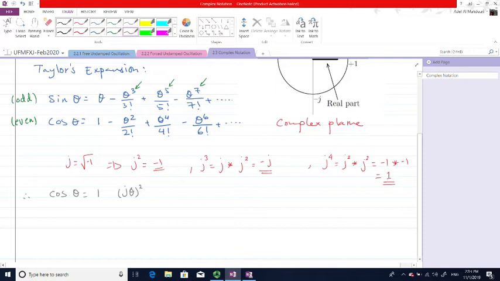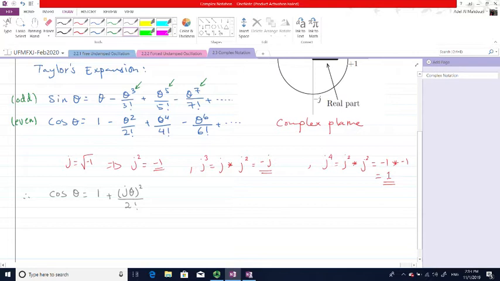So to make this expansion correct, when we plug in j, j squared is -1. Therefore, minus multiplied by -1 is going to be plus. Then don't forget about the 2 factorial.